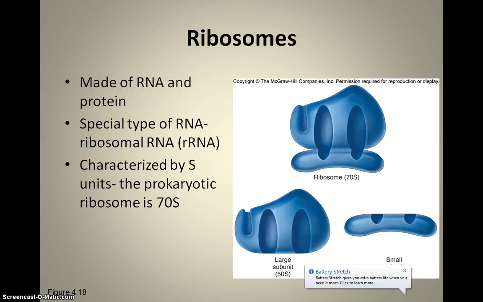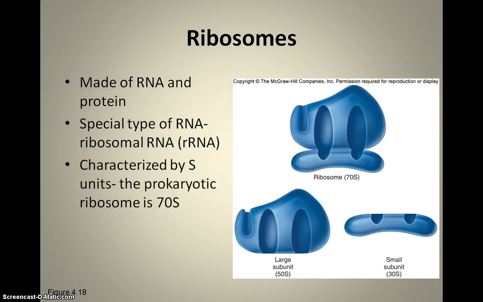The RNA is called ribosomal RNA. It's a structural RNA. The ribosome of a prokaryote is a 70S ribosome, as opposed to eukaryotes, which are 80S. If we divide it into its two parts, you have a large subunit that's 50S and a small subunit that's 30S.